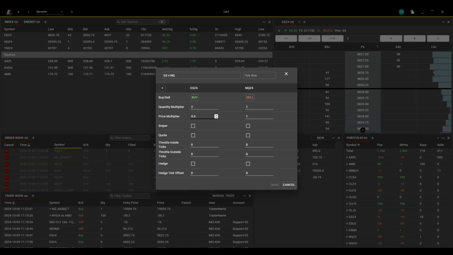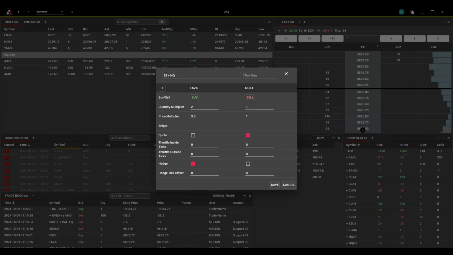For that reason, I recommend using the most liquid contract in your spread as the hedge leg. In this case, both of these contracts are pretty liquid, but ES being possibly the most liquid contract out there, we're going to use that as the hedge leg, and I'm going to use the NQ as the quote leg. We'll see what that looks like when we enter orders.